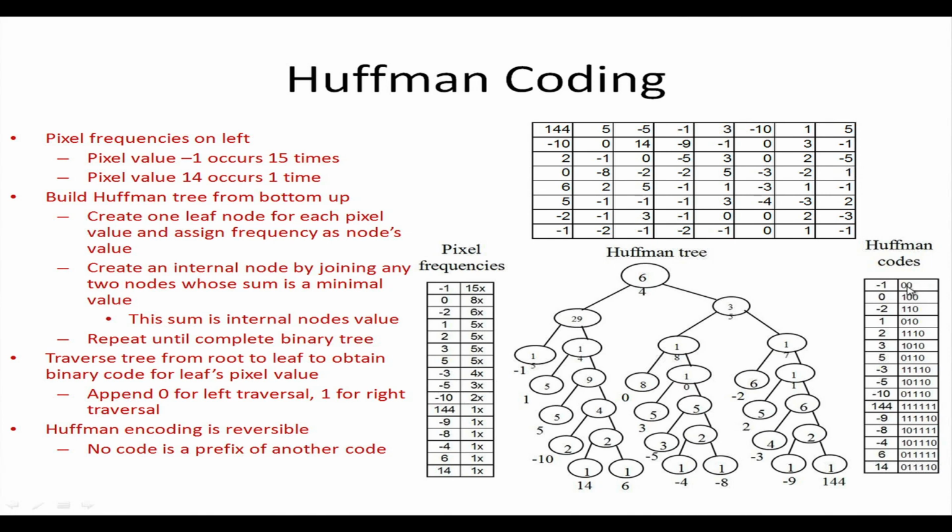Here say 144 has appeared once. So, what is the code for 144? 1111. See the number of bits over here, all these which are high frequent, -9 was 1. So, the beauty is all these which are having the same frequency have been given the same number of bits. Okay. So, that is the Huffman coding.